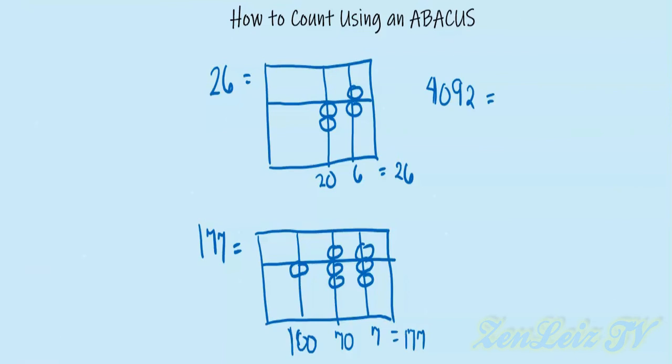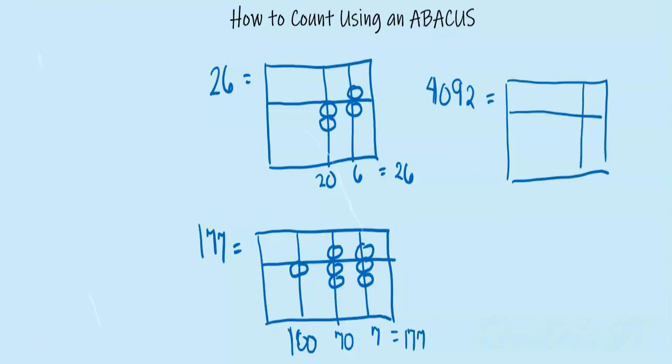O, gawin na natin 4,092. So, ilan ang kailangan natin hanggang thousands? So, ibig sabihin, meron tayo ditong 1, 2, 3, 4. Doon muna tayo sa 2, ha? So, we have here 1, 2, meron tayong 90, so we have 50, 60, 70, 80, 90.